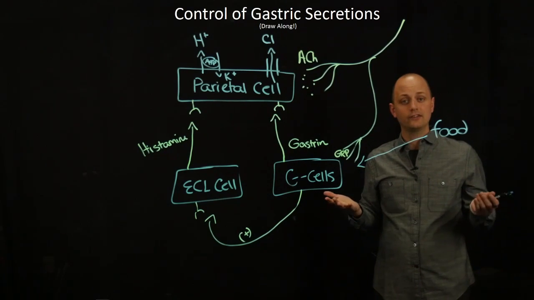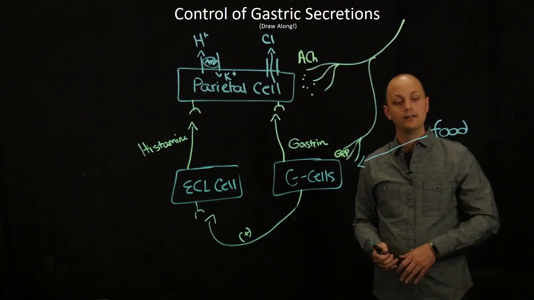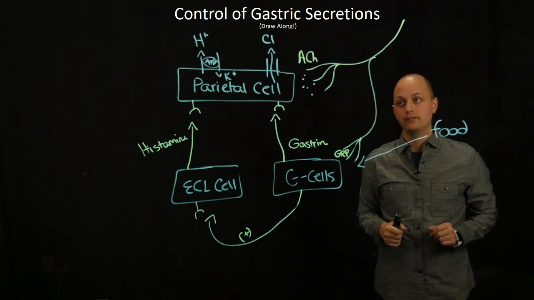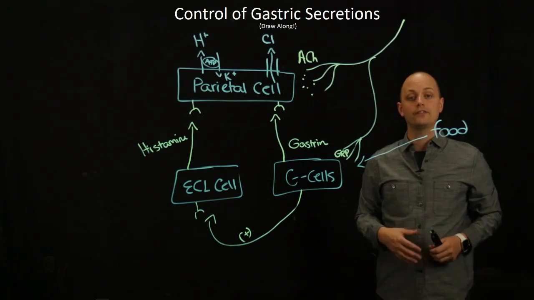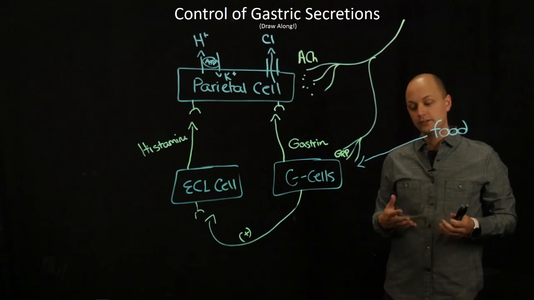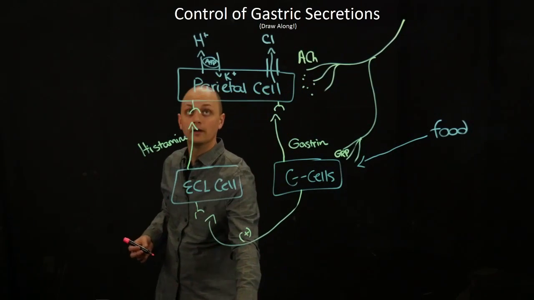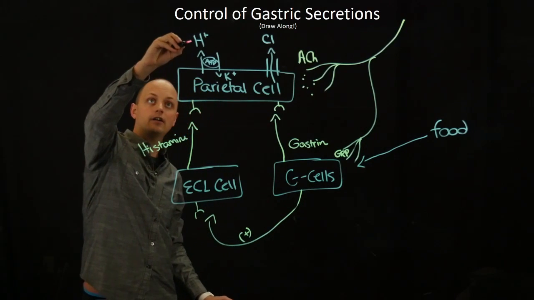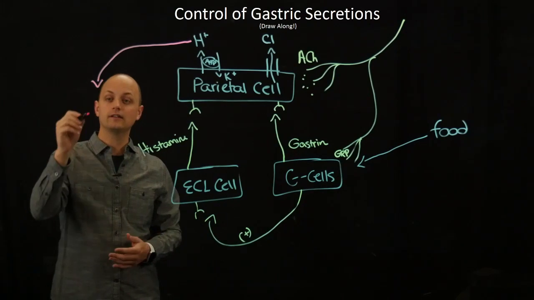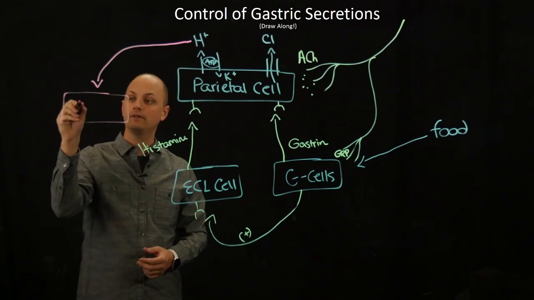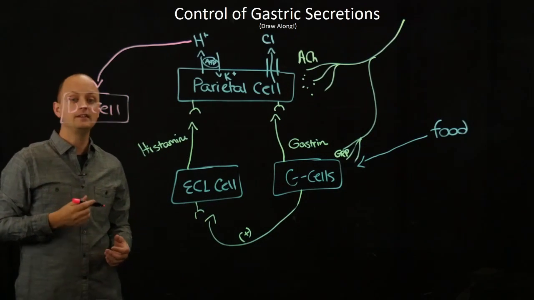In terms of turning things off, one thing we can always do is remove those stimuli that turn things on. So get rid of the food inside of the lumen, or remove that stimulation of higher brain centers to turn off that release of neurotransmitter. But the stomach also gives us a really good example of a negative feedback loop. So as this concentration of hydrogen ions inside of our stomach increases, that's going to lead to the activation of our final cell type, the D cell.